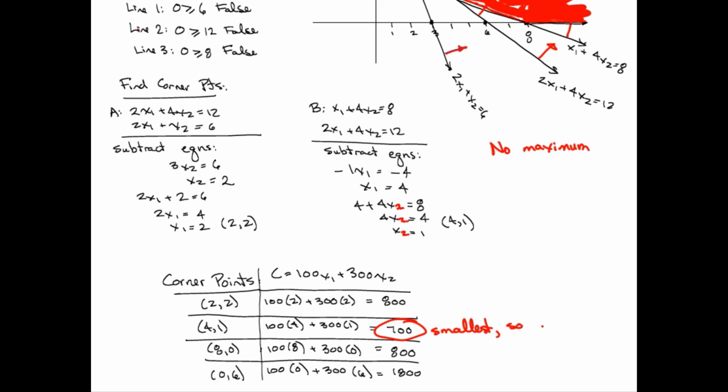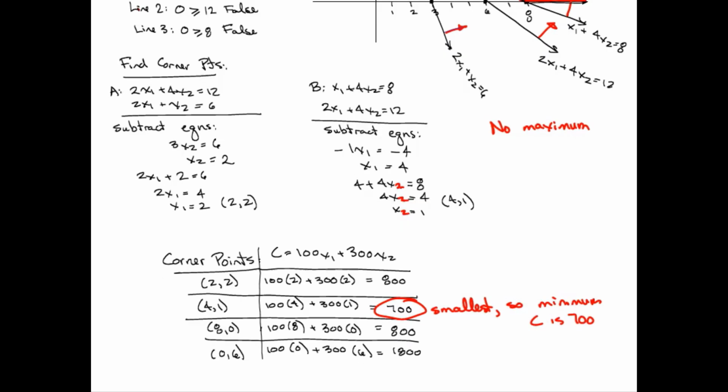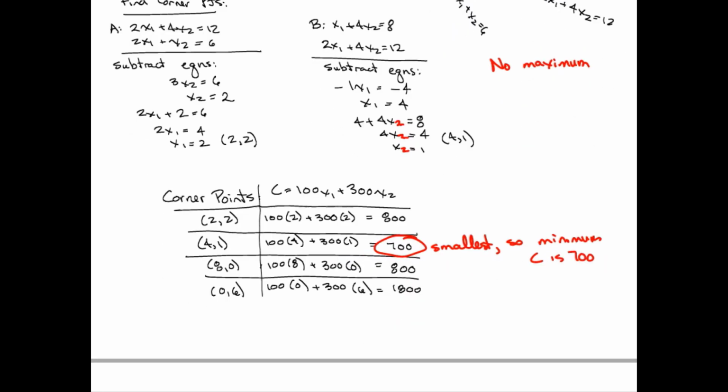And so that tells me that the minimum C is 700. Now what we want to do is write our answer in a clear way that includes not only the value of C, but also the x and y at which it occurs.